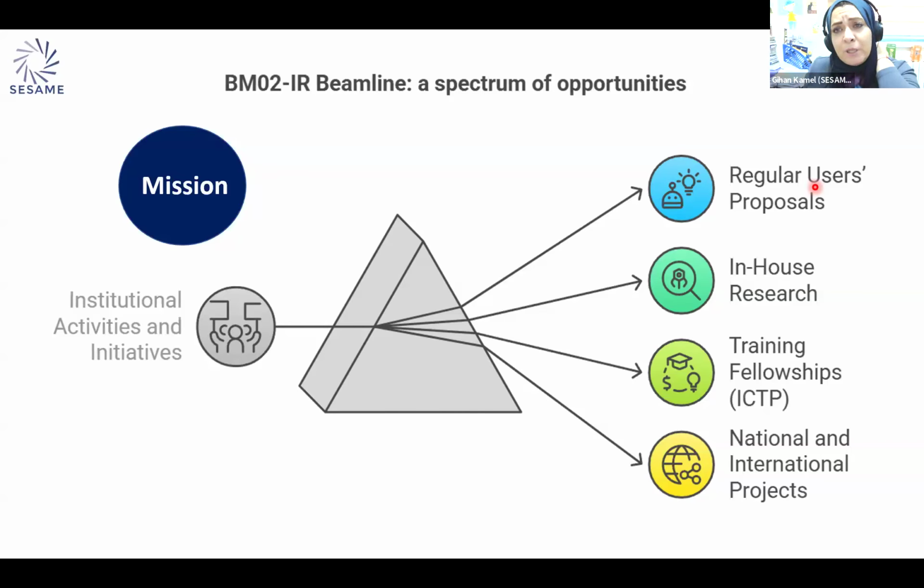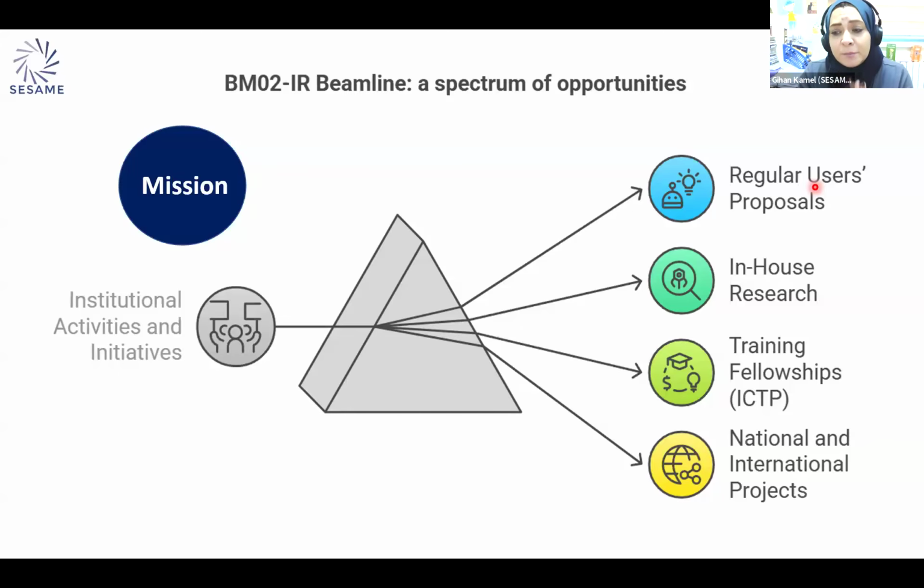The other thing that beamline scientists are also doing is what we call in-house research, because we are still scientists, so we also have our own experiments and projects, and this also can go as collaboration, if you want to call it this way. Training fellowships: wherever we have the opportunity to train researchers at the beamlines, of course we do that.